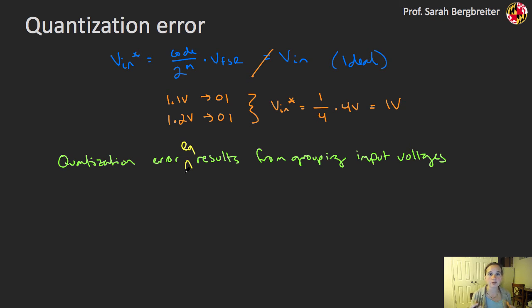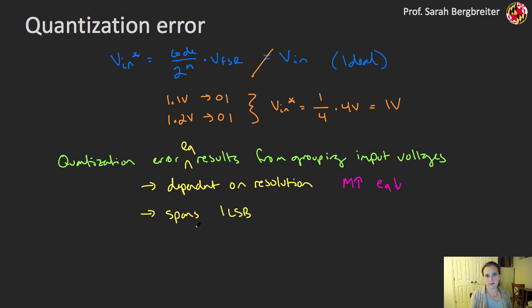And there are a number of consequences of this relative to the metrics that we just talked about for the ADC. First, it's dependent on resolution. The more bits I have, as M goes up, my quantization error is going to go down because I have more of those horizontal lines and can better approximate my input voltage.